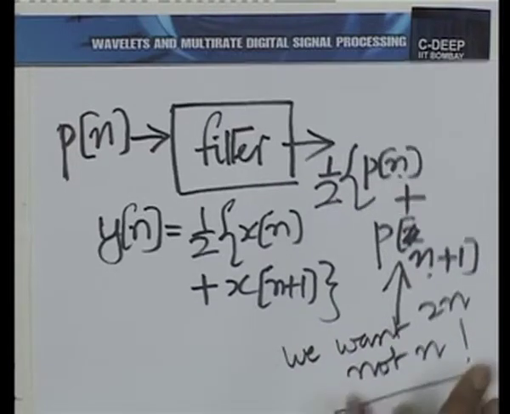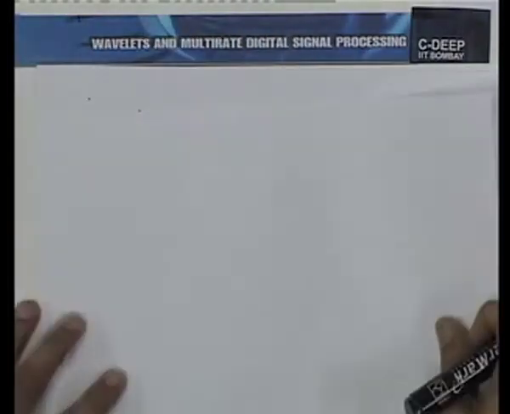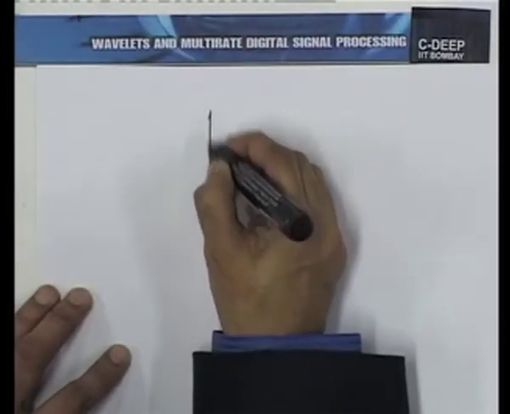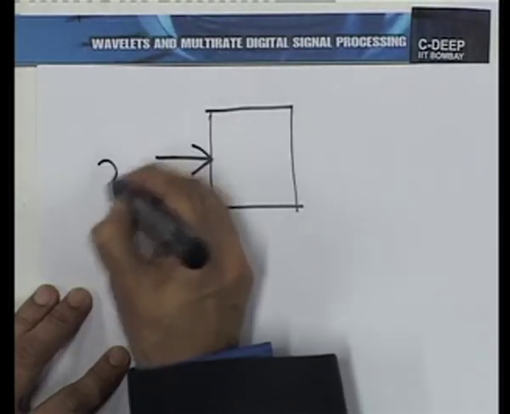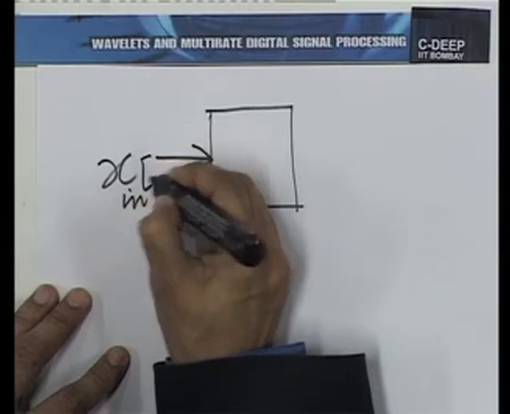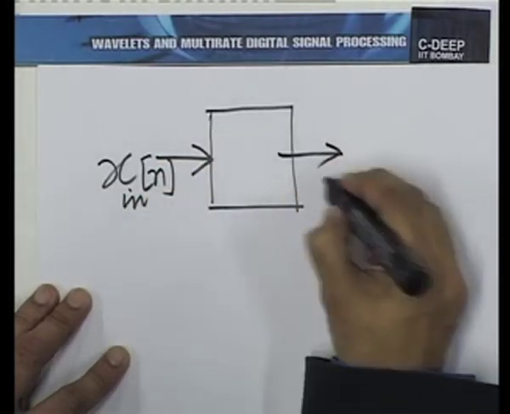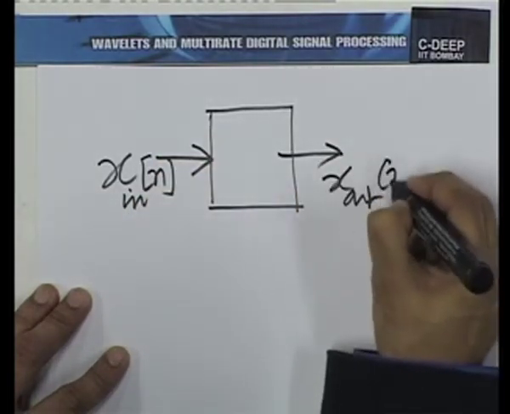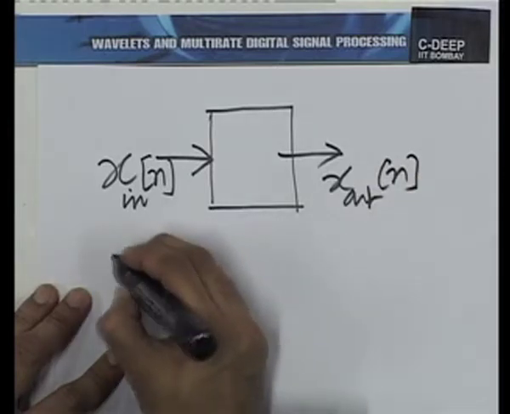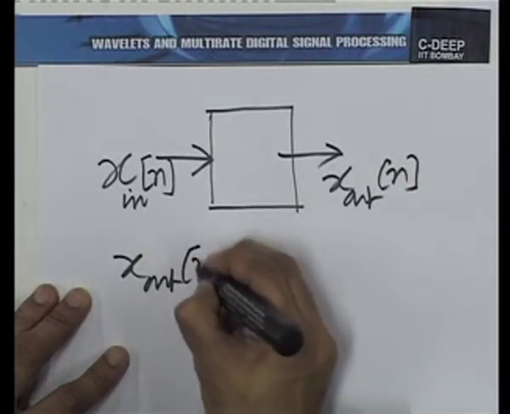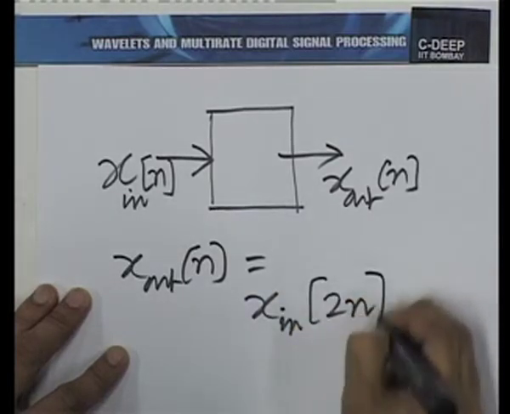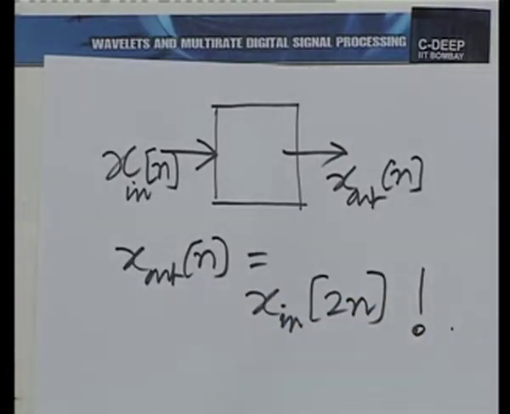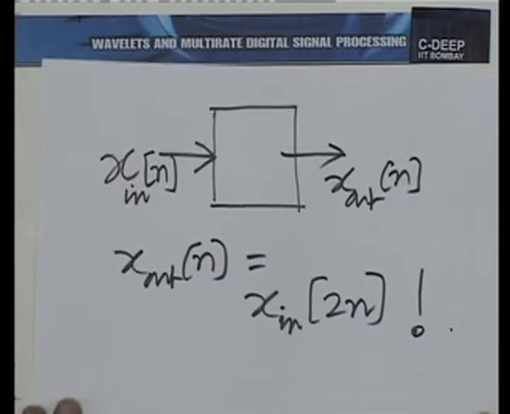So, what should we do? We should have another system now following this, where we put x in and get x out, where x out of n is x in of 2n. We want a system like this.